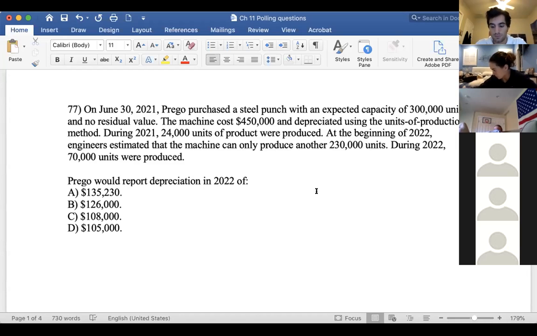Tanisha? The 414,000. Good. So that is the book value as of the date of change. Now that book value is going to be your numerator, divided by the new estimate of 230,000 to come up with your new cost per unit. Okay? So does everybody understand where the 126,000 came from? And if you want to take a picture of the problem, go for it.